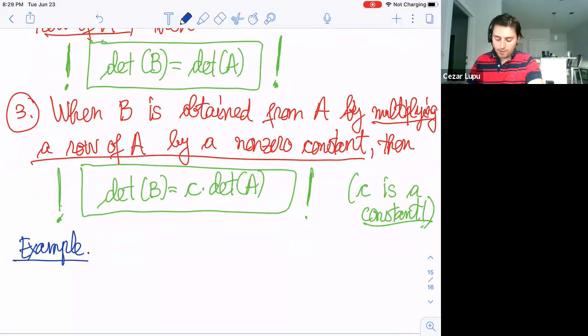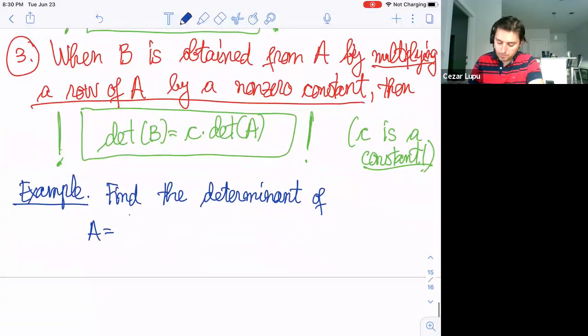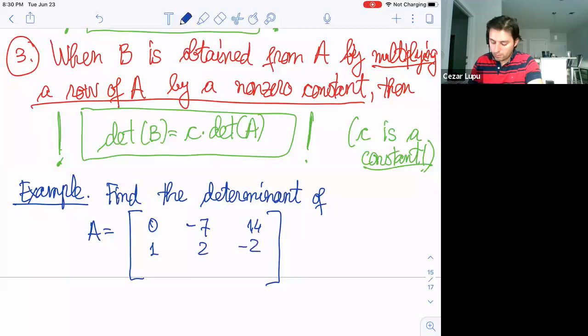So I want to find the determinant of the following matrix. A is a 3 by 3: 0, -7, 14; 1, 2, -2; and 0, 3, and -8.